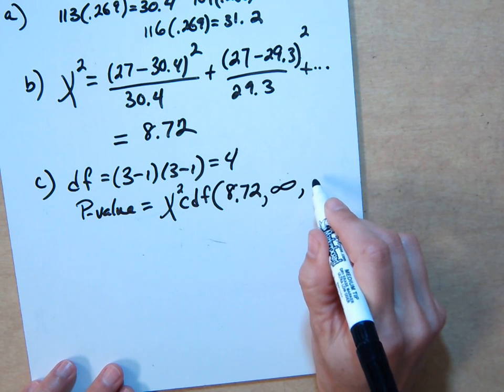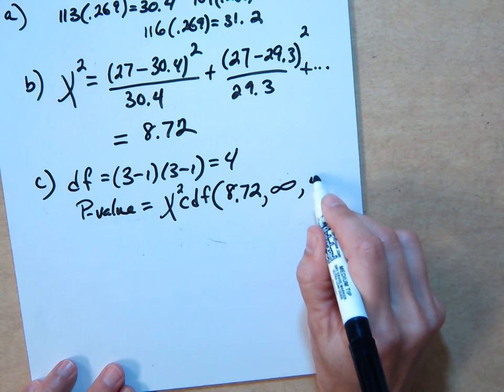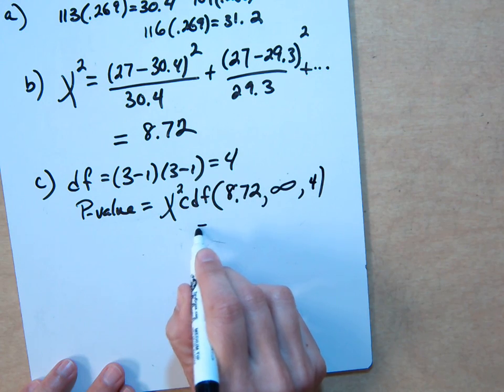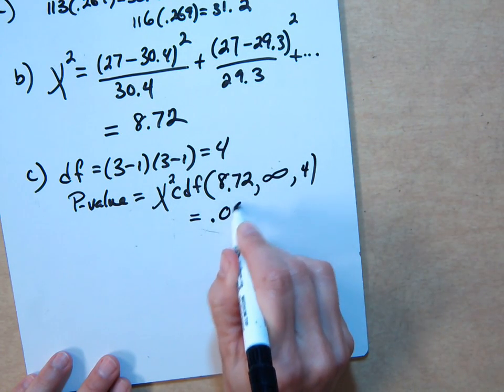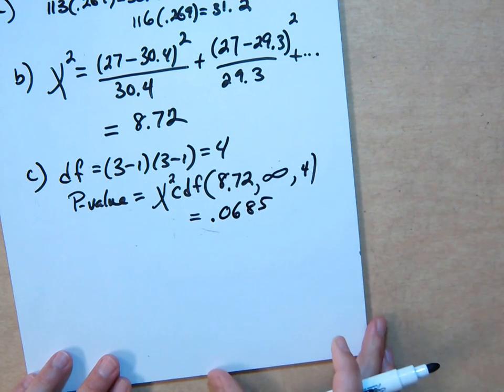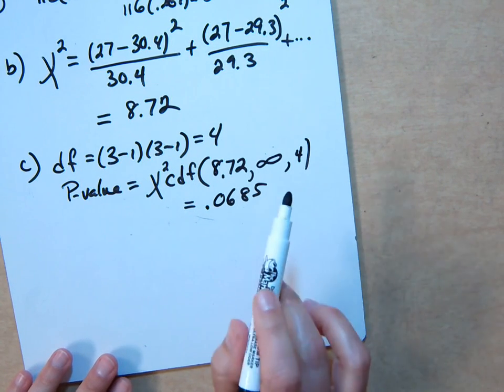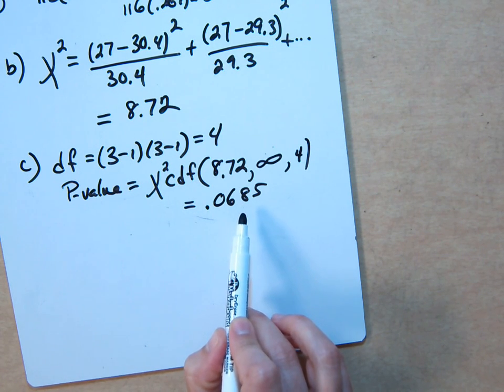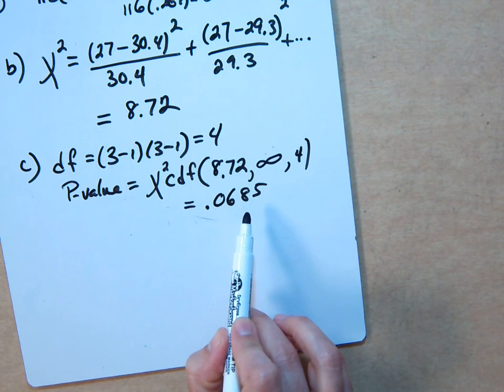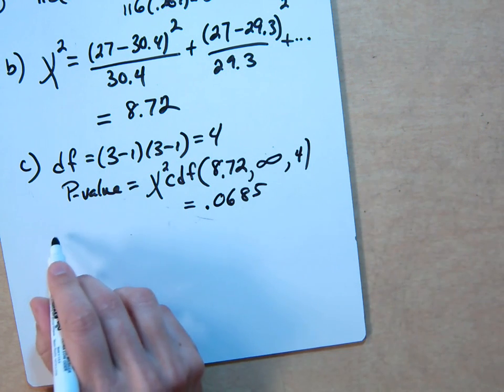And then we put our degrees of freedom here, 4. And if you do that on your calculator, you should get 0.0685 there. So that is greater than 5%. So we fail to reject H0.